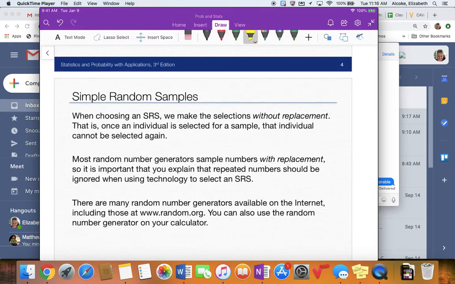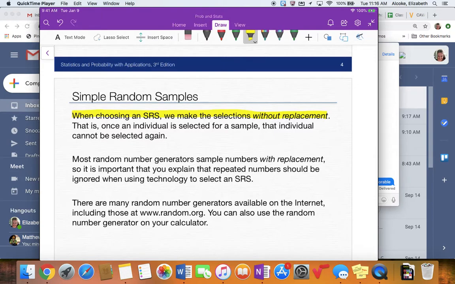What's important to know when choosing a simple random sample is that you make the selections without replacement. Once an individual is selected for a sample, you cannot be selected again. So if I selected you for an example problem in class, you wouldn't get selected again.